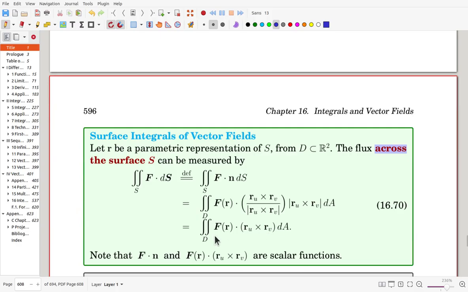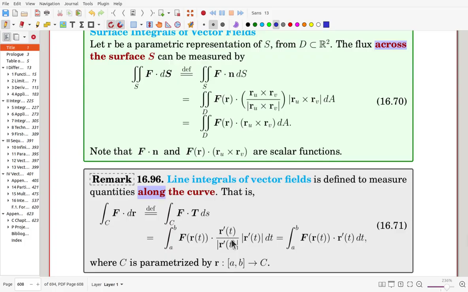We have the formula, and that is the definition. We are using identities for n and dS, here and here, and we can cancel these two terms. We have to express the vector field as a function of u and v, and along with this normal component dot product, we get a scalar function, and we can get the integral.